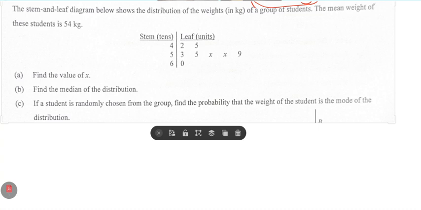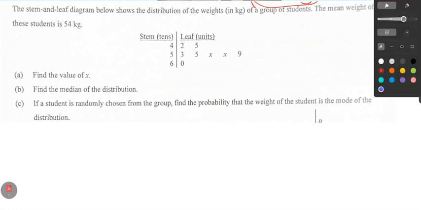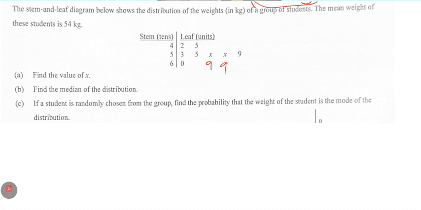Try to remember these x's are 9 and 9. The mode is the number that appears most frequently. In the data set, we have the number 59.